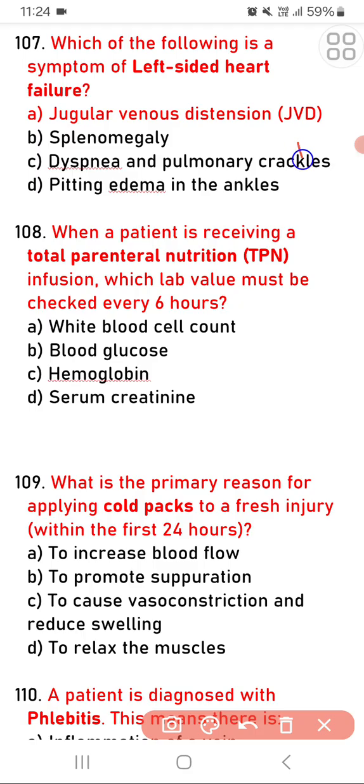Dyspnea and pulmonary crackles. When a patient is receiving a total parenteral nutrition TPN infusion, which lab value must be checked every 6 hours? Blood glucose.